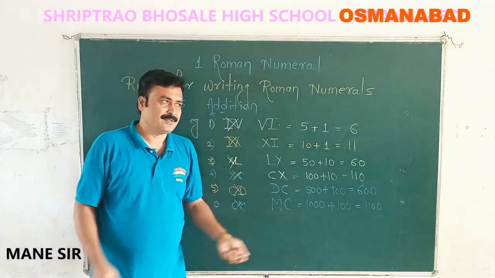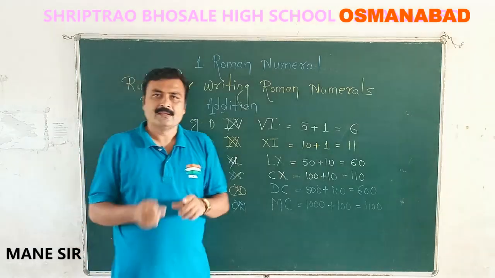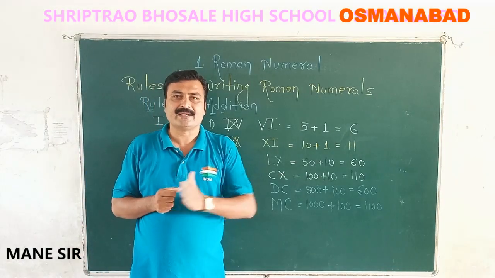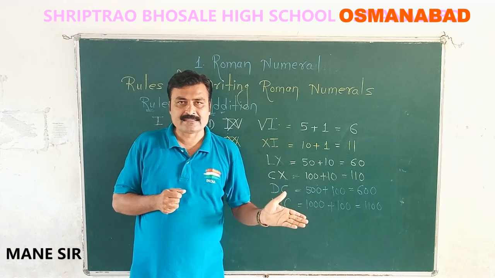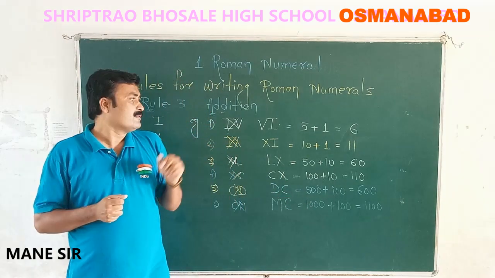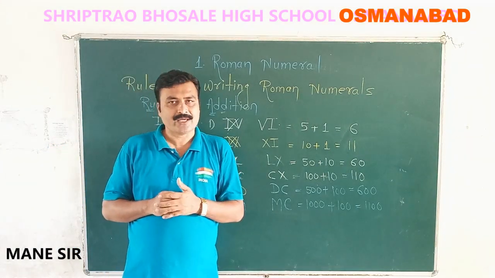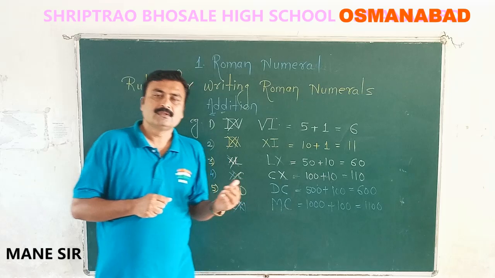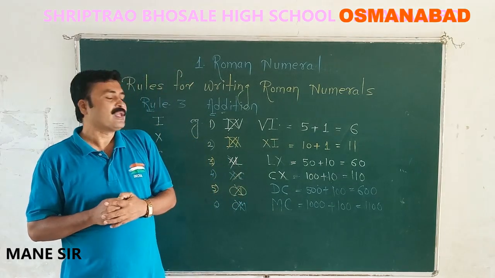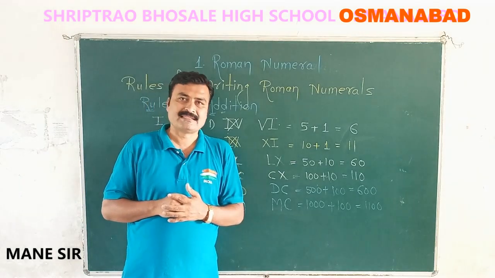6 examples here. The first example of rule number 3, that is VI, that is international number 6. The second example that we observe on this green board, that is XI, representing international number 11. The third example, LX, represents international number 60.